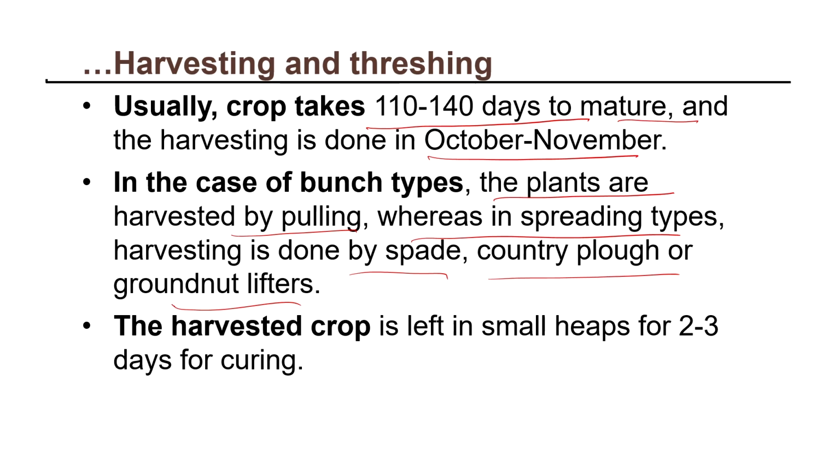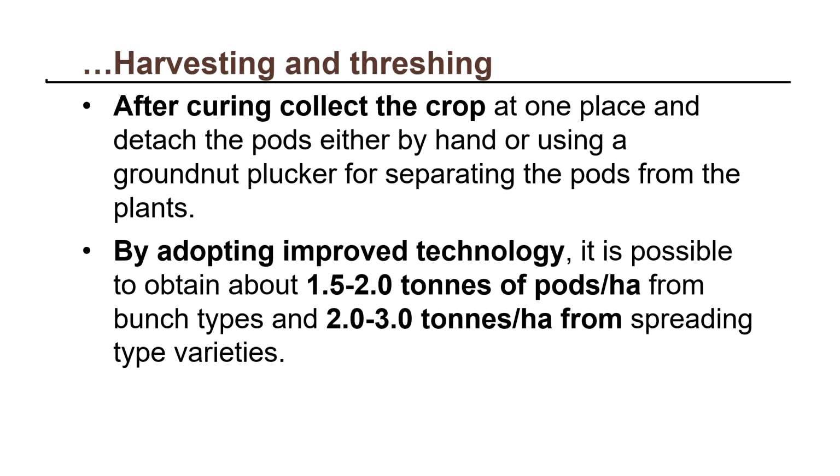or some other implements. The harvested crop is left in small heaps for 2 to 3 days for curing or kind of drying. After curing, collect the crop at one place and detach the pods either by hand or using a groundnut plucker for separating the pods from the plants. So, separation of pod is required.